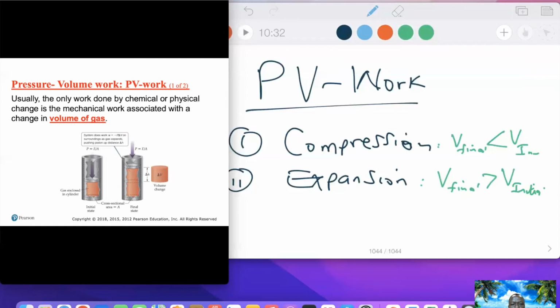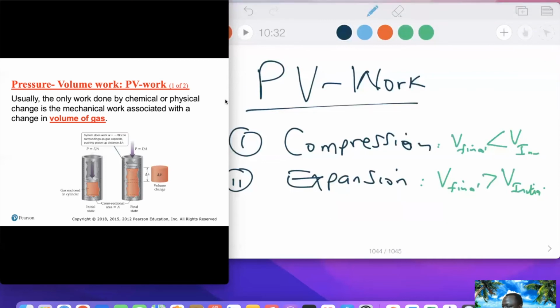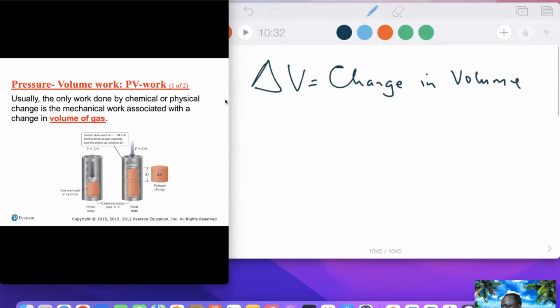So delta V means change in volume. And in PV work, we determine the change in volume.